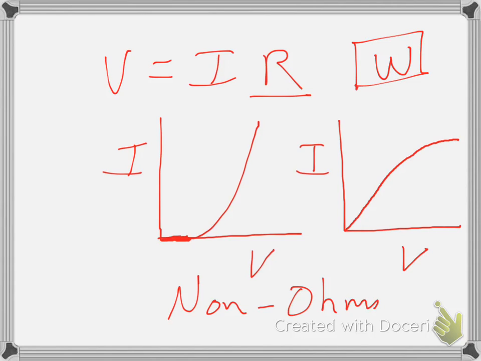This was a diode, and this was a light bulb, an incandescent one at that. It'd be interesting to see what fluorescent bulbs would look like, but we'll let you think about that.